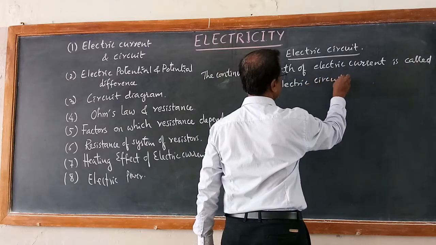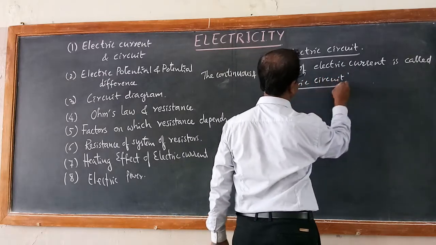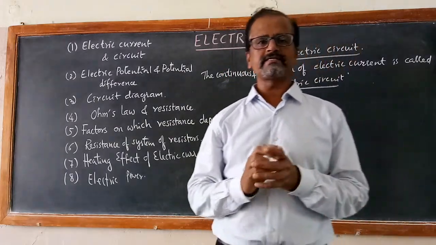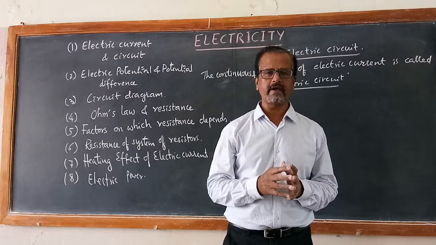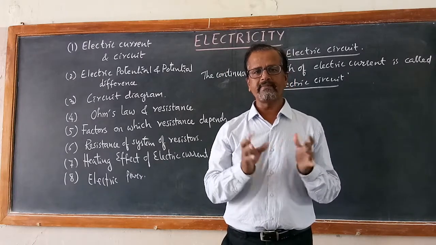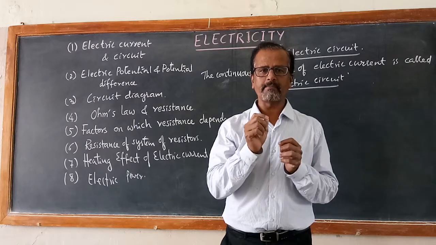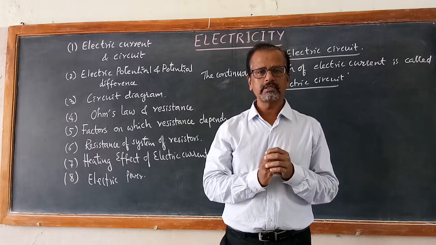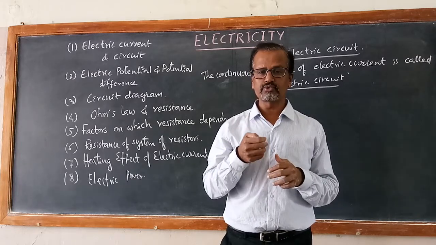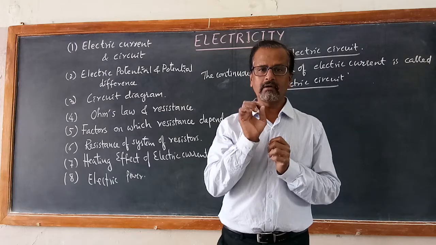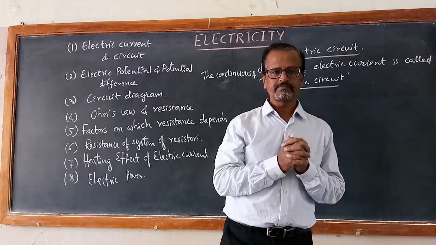To give a simple example of an electric circuit you are already familiar with, the torch. The torch requires cells. Let us say it is a torch having 2 cells, batteries. When these cells are connected in a proper direction, in a proper manner, and when you close the torch, it requires a switch. When you switch on, then the bulb of the torch glows.